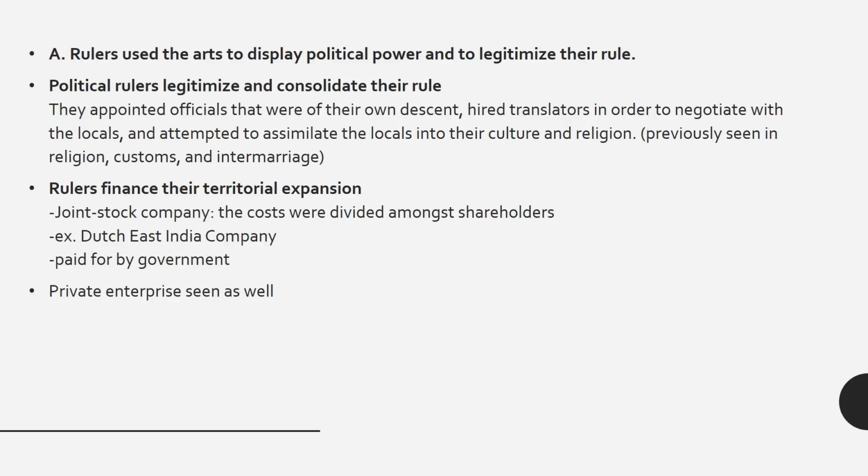You do see some private enterprise as well, where private wealthy people or wealthy groups or wealthy churches or whatever are trying to expand and are financing their own way there. So you see all three during this time period when it comes to these empires. England and the Dutch are no exception to that rule.